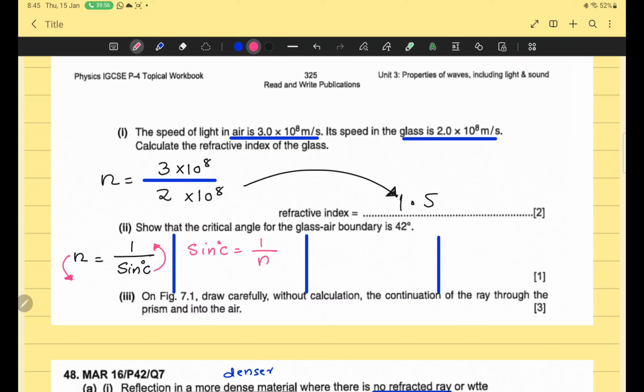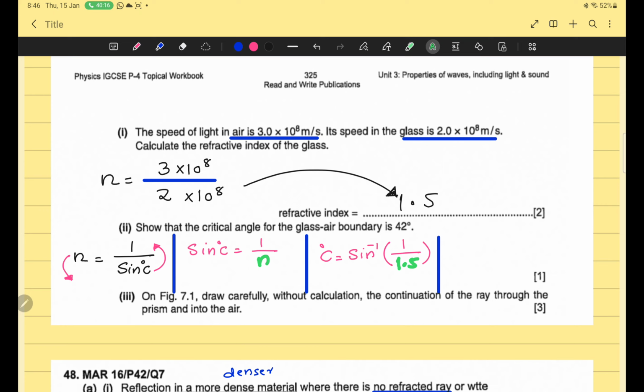And if you are calculating critical angle, then it becomes sine inverse 1 upon refractive index. Refractive index is 1.5.